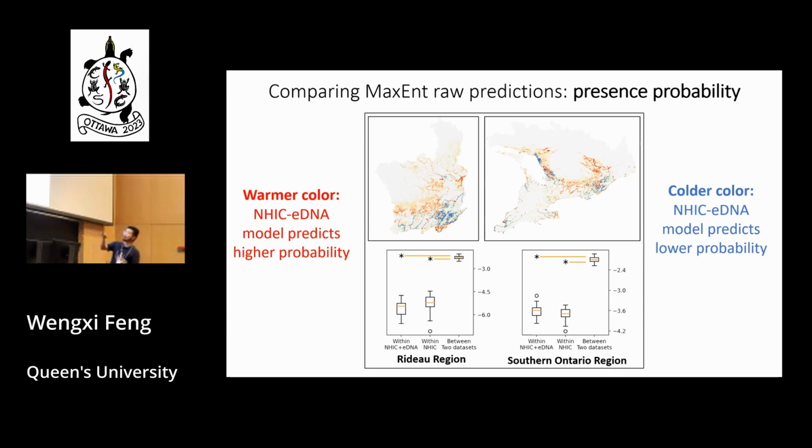In both cases, in the smaller geographical region and the larger region, there seems to be a shift towards the northwest, towards the north. So the range limits are possibly moving a little to the north. And down below, the graph shows we did some fancy statistics, meaning that those two distributions, from the combined and NHS-only models, are statistically different.